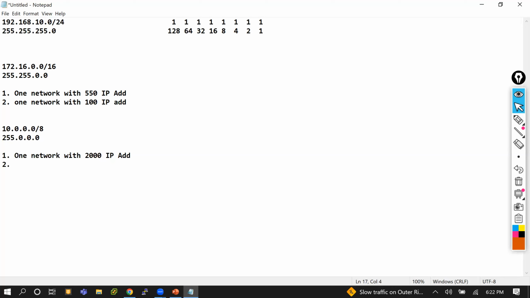Next, two networks with 700 IP addresses each.